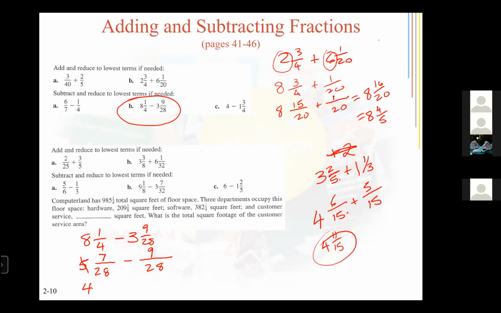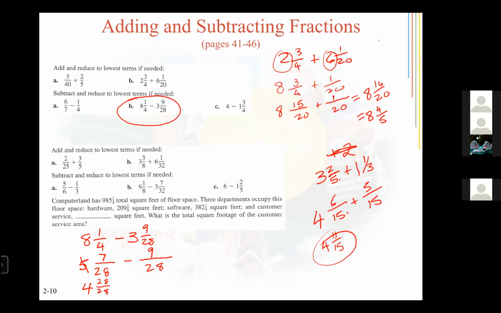What's the base for those fractions? 28. So what will be the numerator for the one that you borrow? 28 over 28. So that one that you borrowed will become 28 over 28.